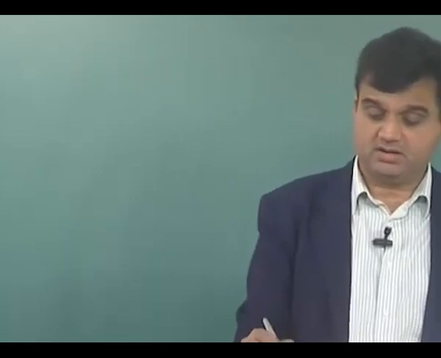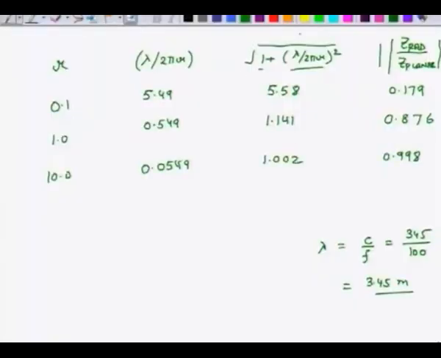So, as I move far and far away from the source, the radial wave starts behaving more and more like a planar wave. As I come very close to the source, r becomes small, lambda over 2 pi r becomes large compared to 1, and as a consequence, the term under the square root sign becomes large.